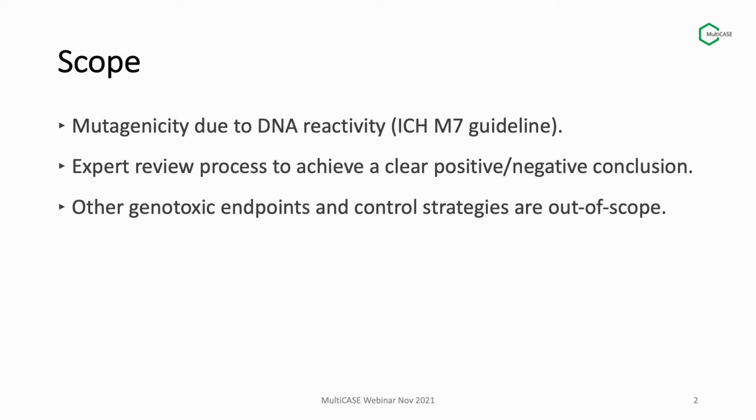The objective would be to use the expert review process to achieve a clear positive or negative conclusion after doing the basic and default QSAR evaluation using a software. And other type of genotoxic endpoints like chromosomal aberration or micronucleus type of topics are out of scope. Just as you can understand, this small time is not enough for it.